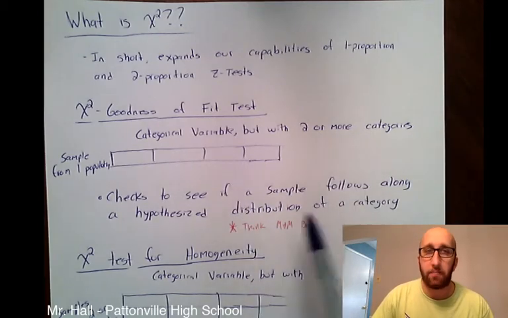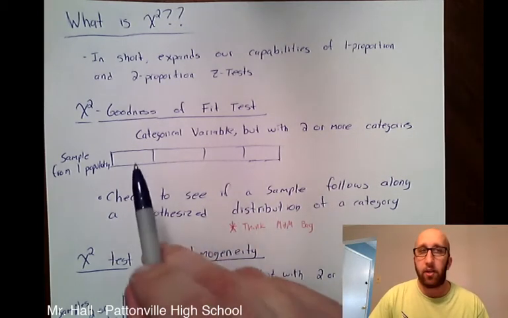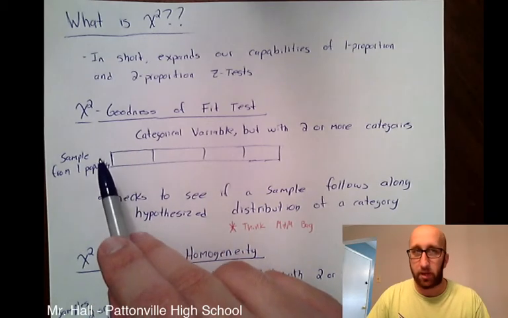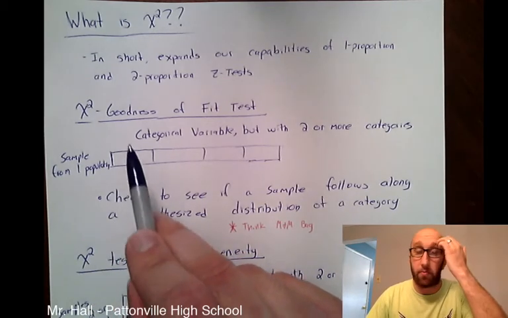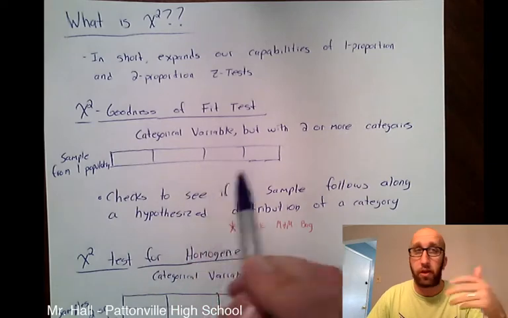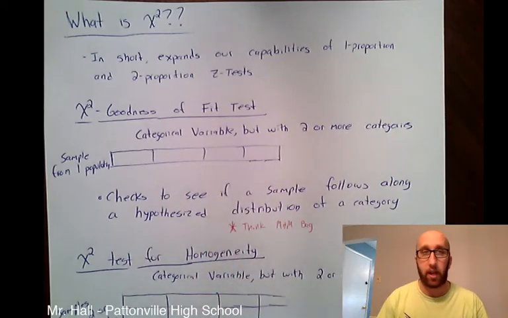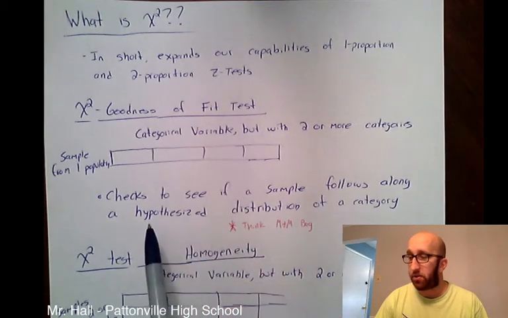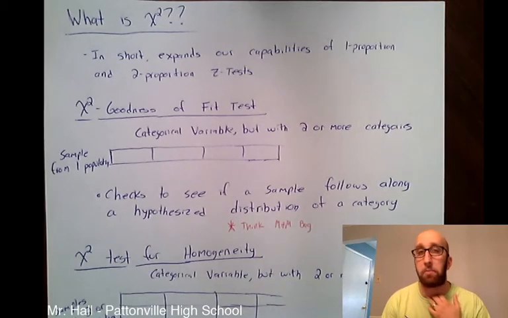An easy way to think about it is an M&M bag. I can get a single M&M bag, and I can count how many red M&Ms there are, blue, green, brown, whatever. So it expands the number of categories you can have. What a goodness of fit test is going to do is check to see if a sample follows a hypothesized distribution of a category.